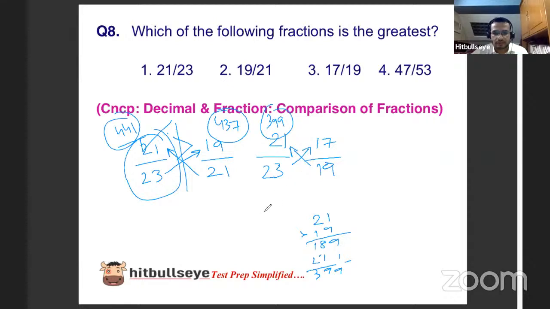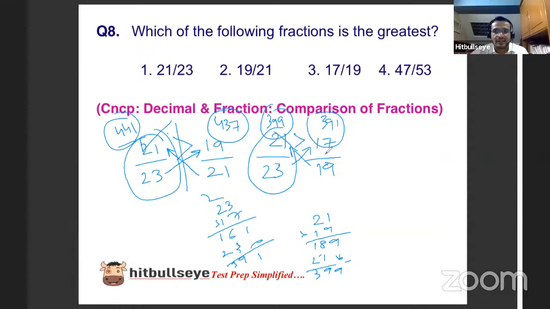23 into 17 is how much? 391, which means again 21 by 23 is higher than 17 by 19.